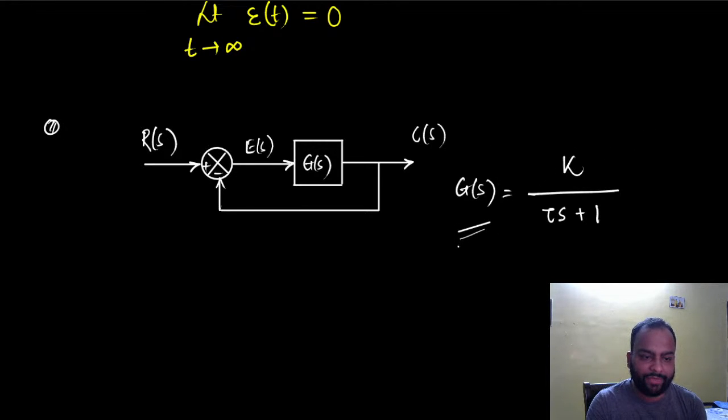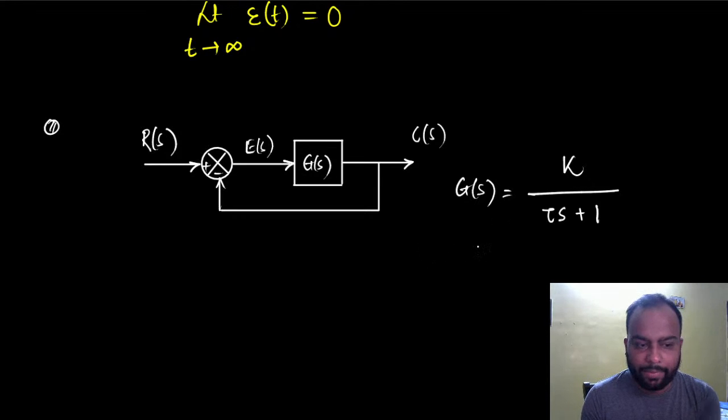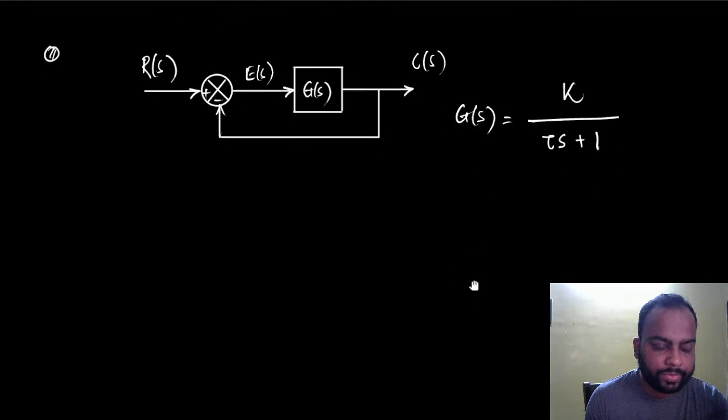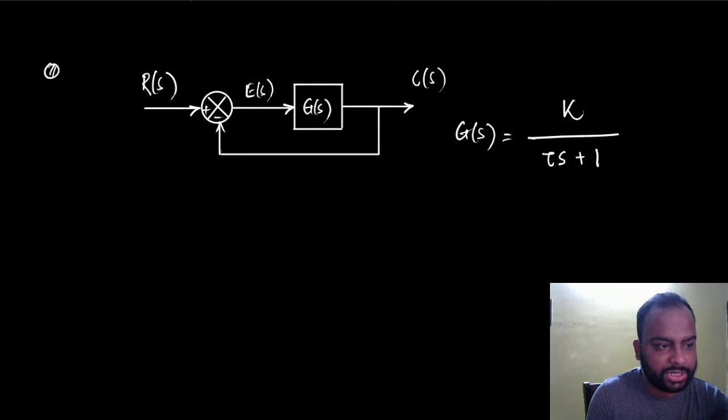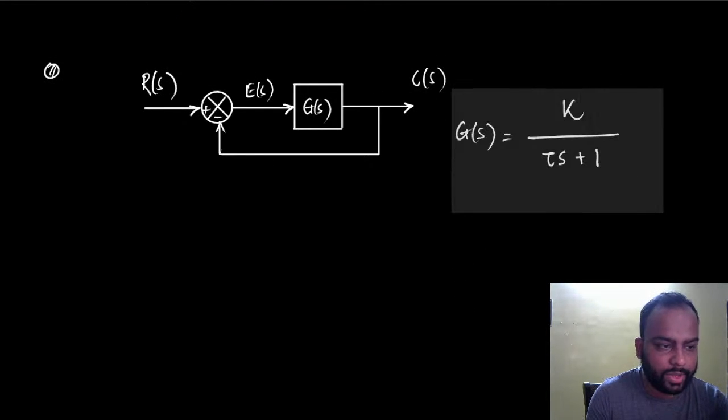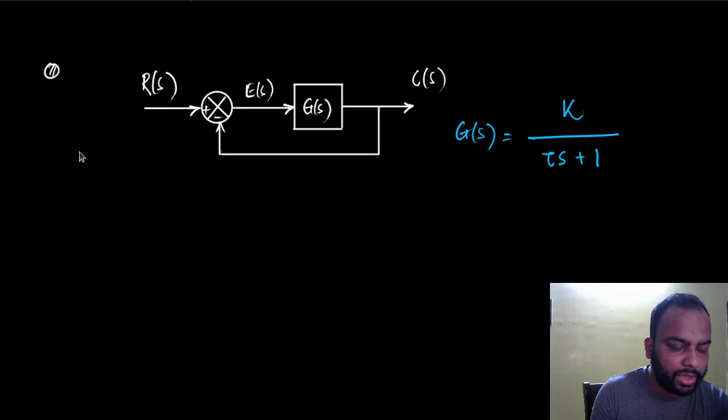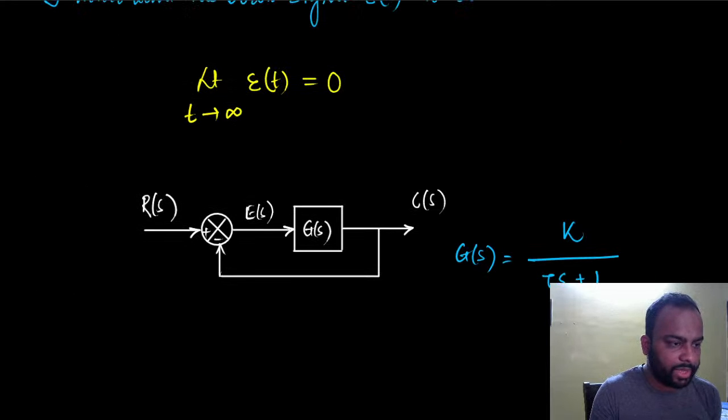It is the gain of the system essentially, and tau is the time constant. This is how we discuss first order transfer functions. Any first order transfer function can be written in this form very easily. So that's the transfer function we are choosing today, at least for this one. No issues there, I think.